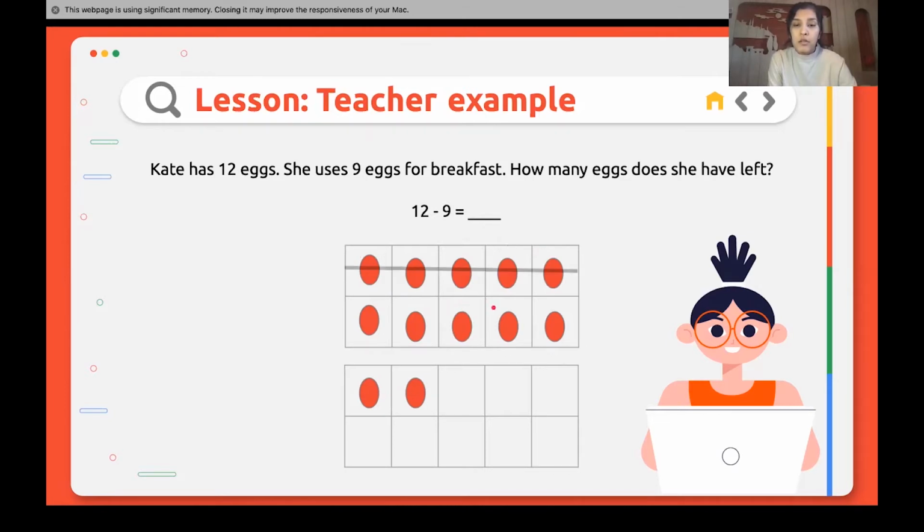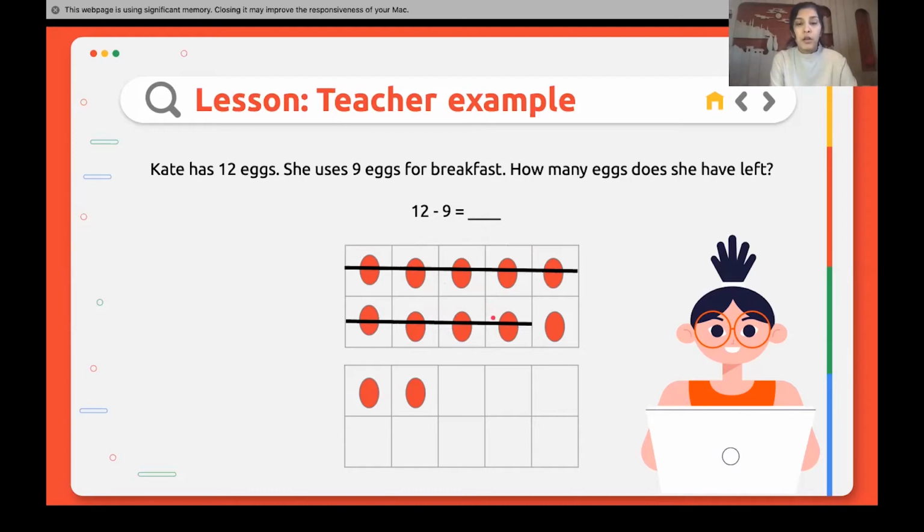So cross those out, and I'm going to cross these ones out because that's 9. Those are the 9 eggs she used for breakfast. And it's also easier to count them in the tens frame because I know there's 5. 5 plus 4 equals 9.